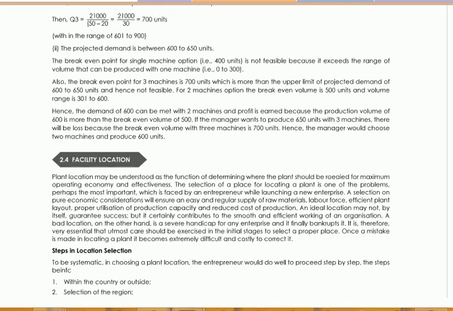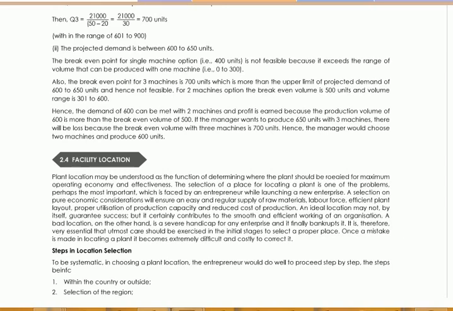So there is a bit of scope to earn profit, because the break-even point is 500 units and the actual demand is more than the break-even point, that is 600 units. So there is a chance to earn profit by using two machines.